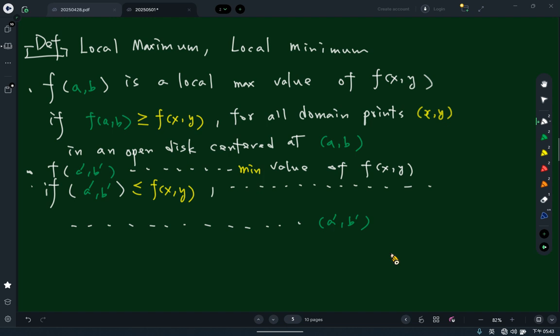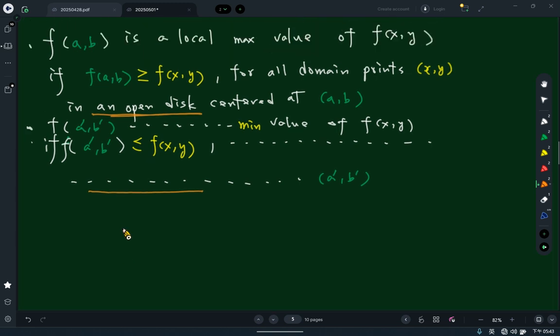If f of (a', b') just provides the minimum value for f of (x, y), that is, f of (a', b') is less than or equal to f of (x, y) for all domain points (x, y) in an open disk. It should be in an open disk.